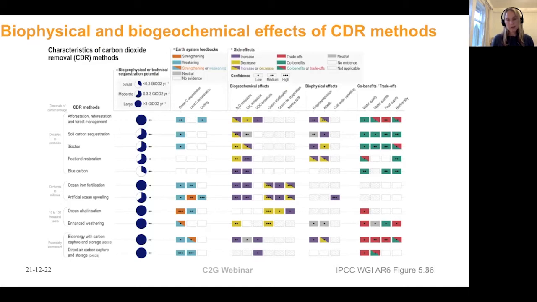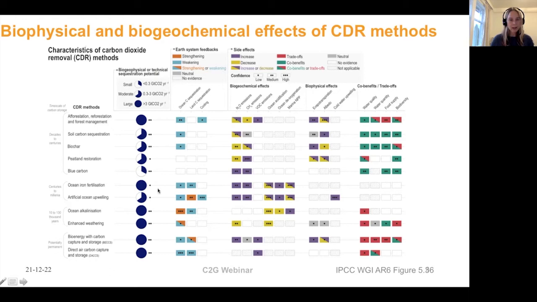So the results presented so far were based on idealized model simulations, where it was assumed that carbon dioxide is removed from the atmosphere and permanently stored in the geologic reservoir. But another part of the chapter also assesses the effect of specific CDR methods on climate and biogeochemical cycles.